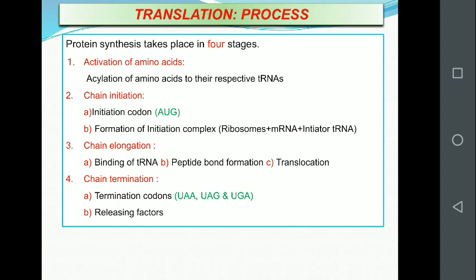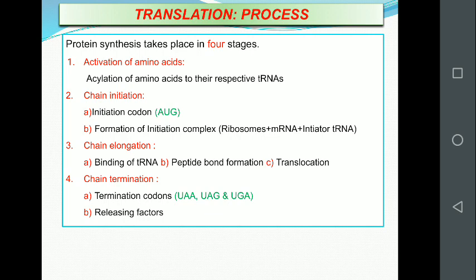Chain termination takes place once the entire length of the coding sequence has been read by the ribosome. After the last codon is read, it encounters a termination codon, one of the three termination codons.